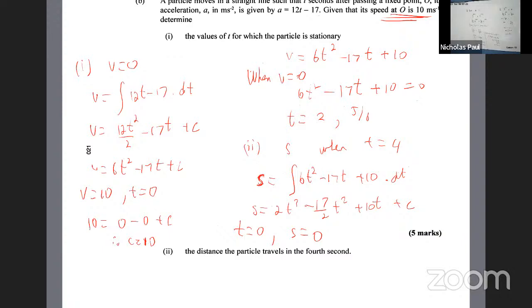But what you're saying would be true if it was a straight line. If we look at the equation of velocity as a curve, plug in and you'll get c is 0. So that means s is equal to 2t cubed minus 17 on 2 t squared plus 10t. And then plug in t is 4.